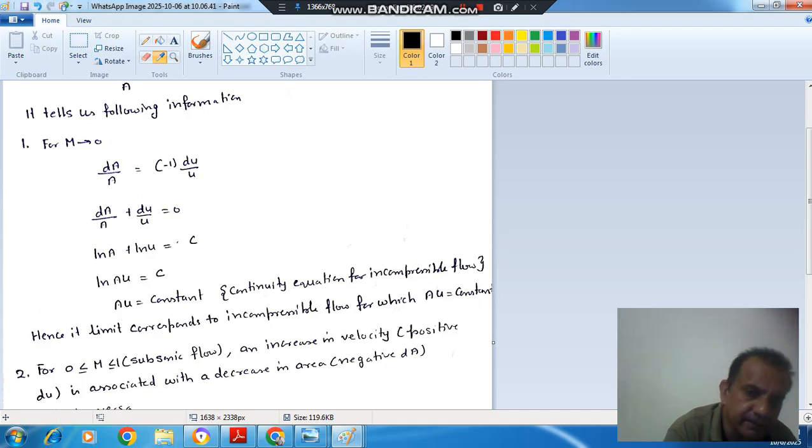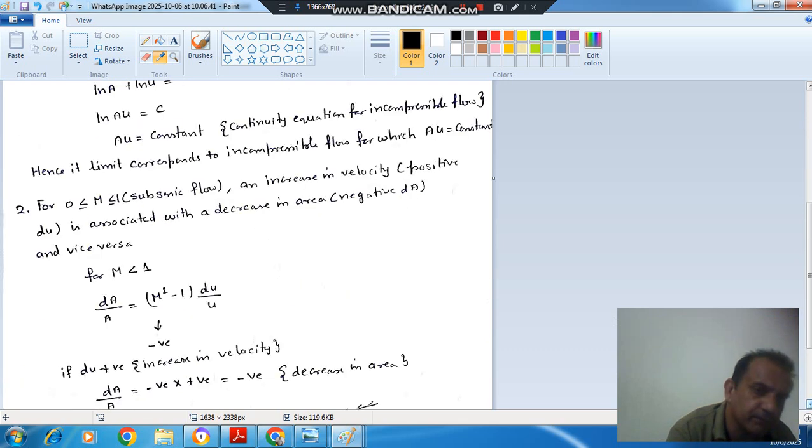Now in the second case, if we take M less than 1, and the flow is subsonic flow, then if we increase the velocity, increase velocity means du is positive, then there will be a decrease in area.